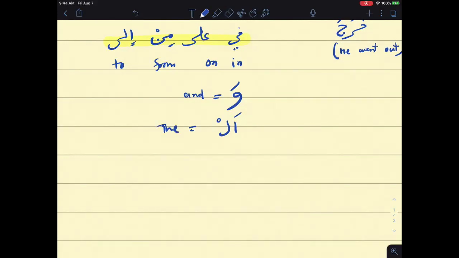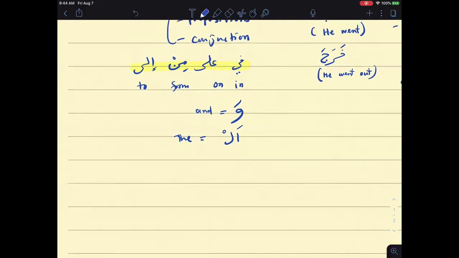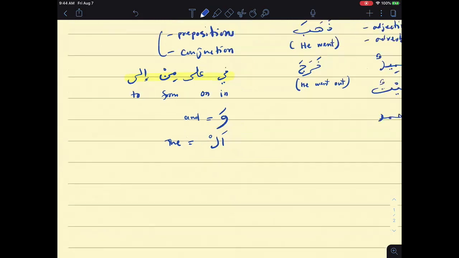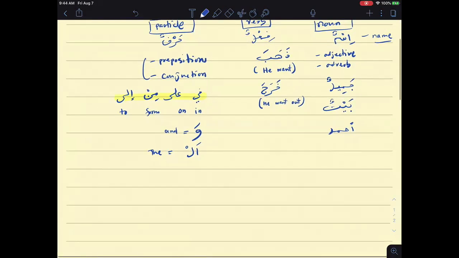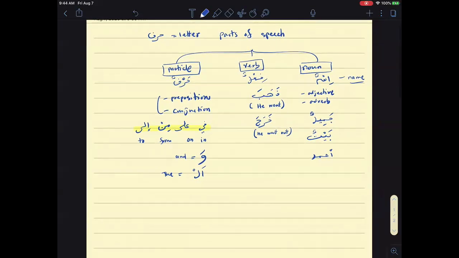Do you know what it is in English? No, it's not English class, but it's interesting. Actually, in English, the would be considered an adjective. That is strange. So that's your parts of speech in Arabic.